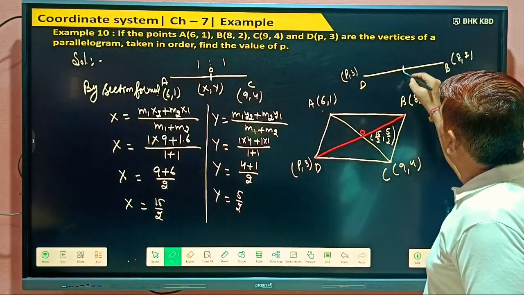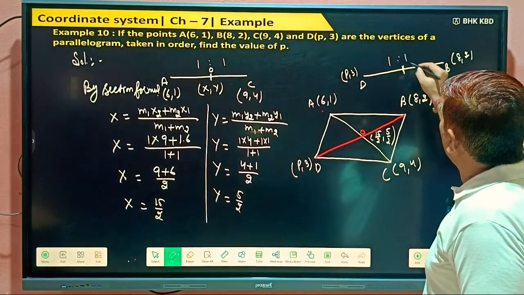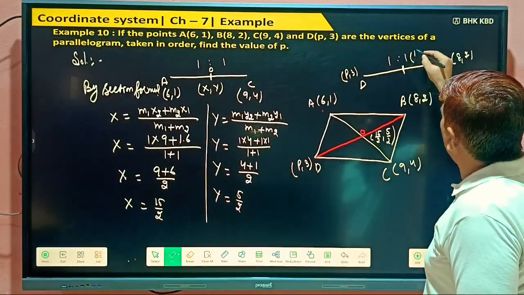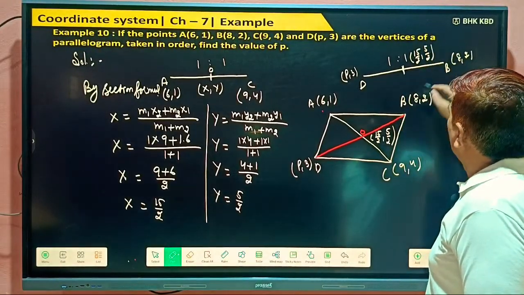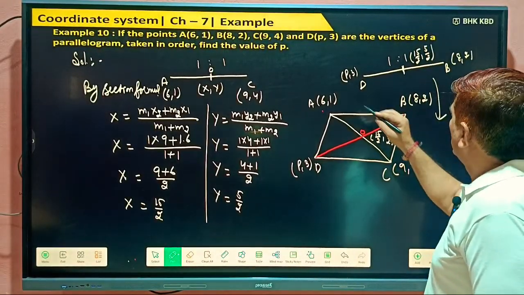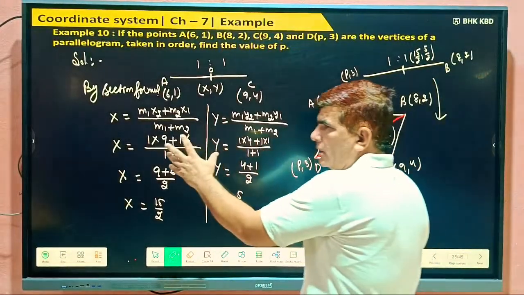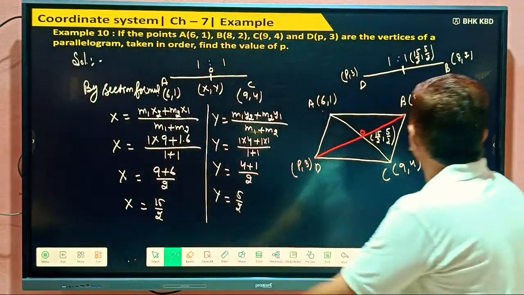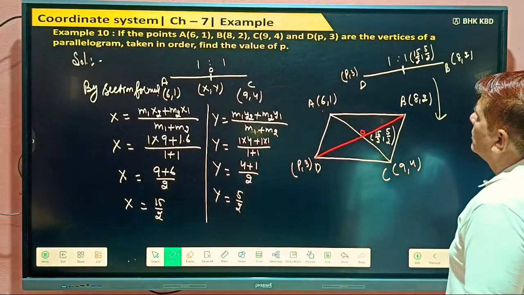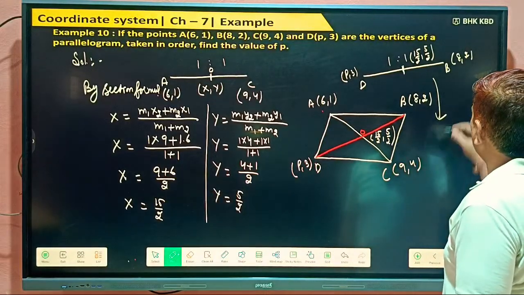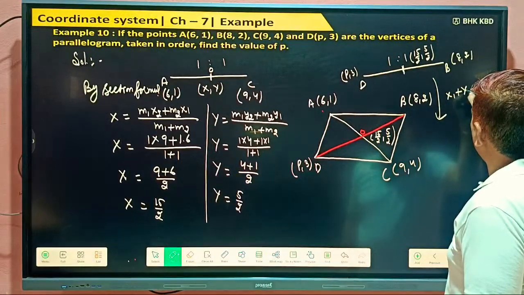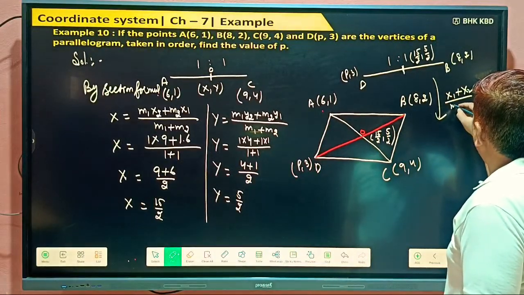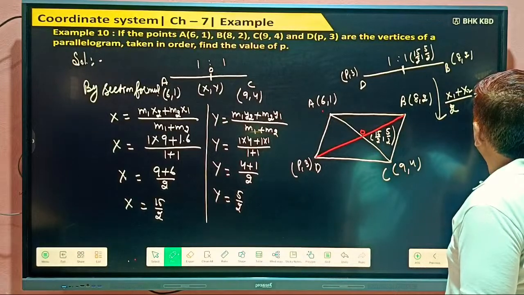One point divides it 1 to 1, and its coordinates are 15 by 2 and 5 by 2. So what can we say? Either you can apply the section formula or the midpoint formula. X1 plus X2 by 2 is equal to X.